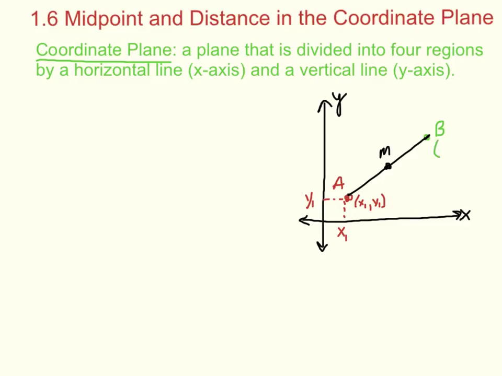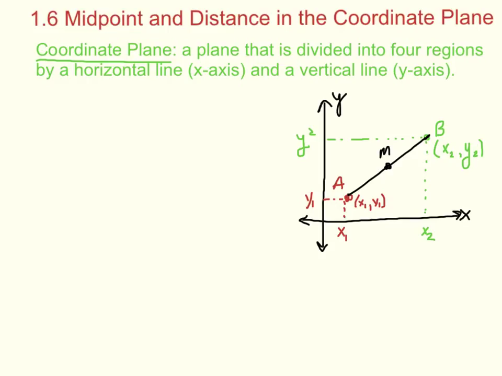B is going to be x sub 2 and y sub 2. That would be the second value of x and the second value of y.